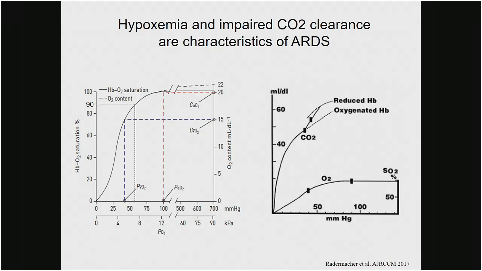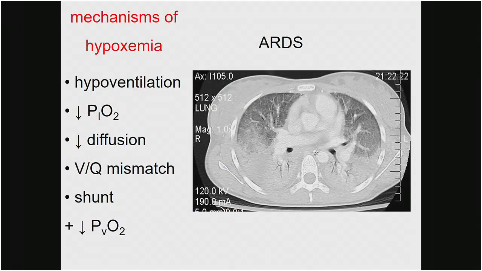The other major gas exchange abnormality is hypercapnia, which derives from increased CO2 production or impaired CO2 clearance. The physiology there is very different because CO2 is very soluble and very permeable, so it crosses the alveolar capillary membrane very, very easily. Next slide, please.